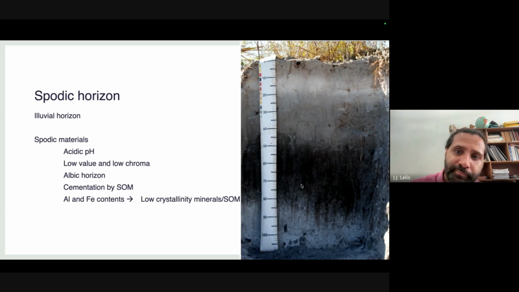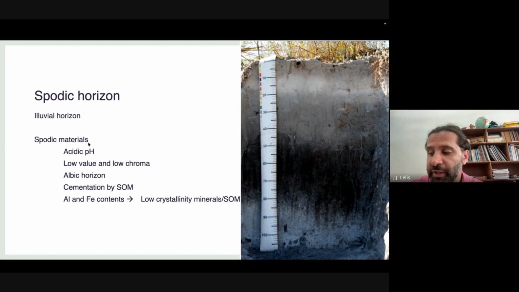Okay, the spodic horizon is composed of spodic materials. And the spodic materials are materials that register an acidic pH, because it's quite common to find these soils in acidic conditions.